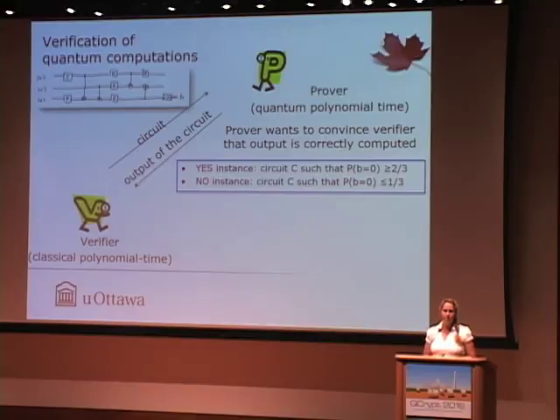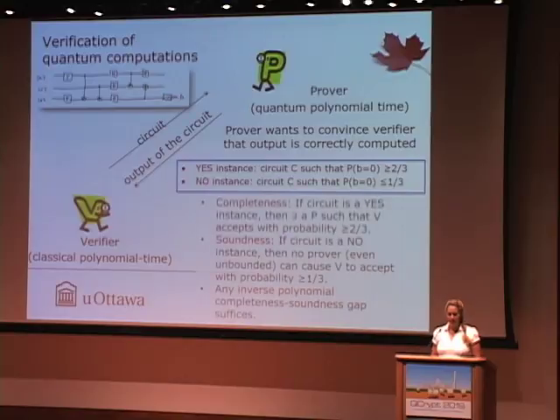A little bit more specific: if you look at the circuit, something like this, we're interested in the final output bit. It's a classical bit that's measured. A yes instance is a circuit where the probability that the bit is 0 is larger than 2/3, and a no instance is a circuit where that probability is smaller than 1/3. You've heard me talk about completeness and soundness yesterday.